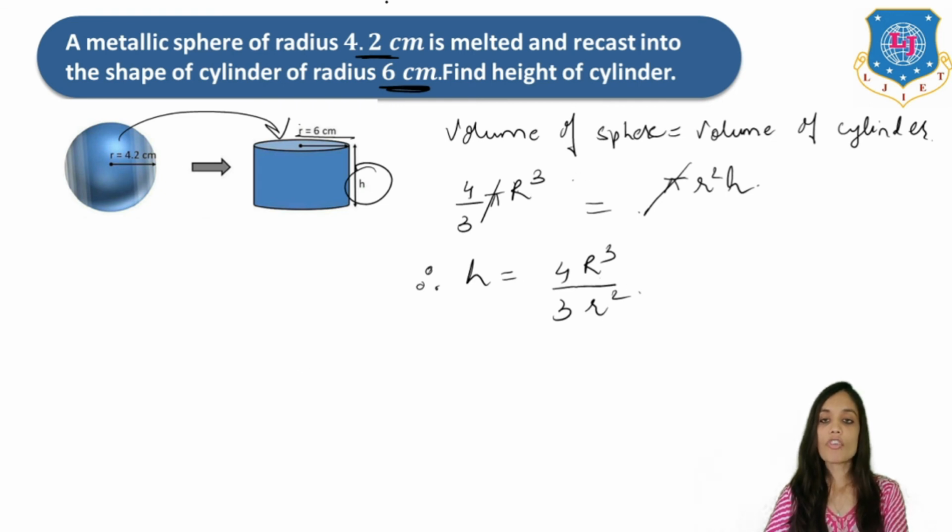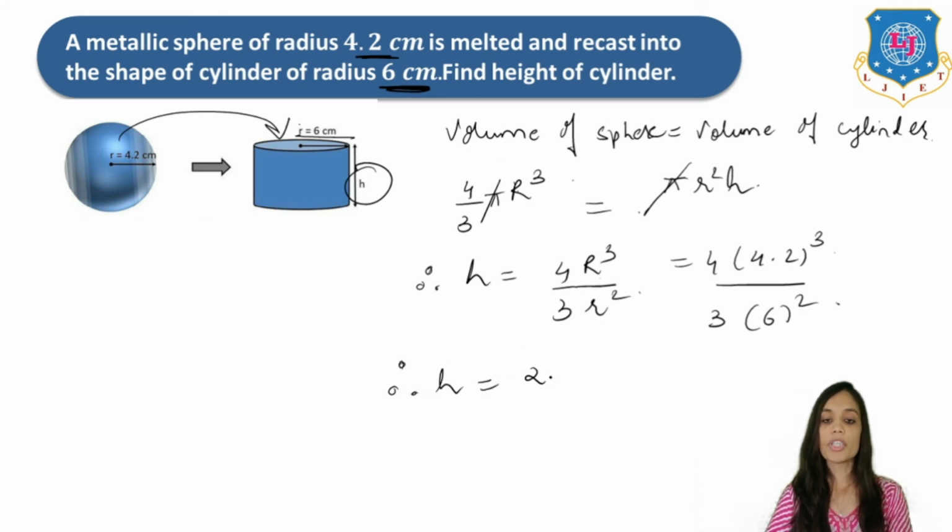Now the radius of the sphere is 4.2, so let us substitute that. So 4 into 4.2 cube upon 3 into 6 square. Now you can easily calculate this using your calculator. So the final height of our cylinder will be 2.744 centimeter. Okay.